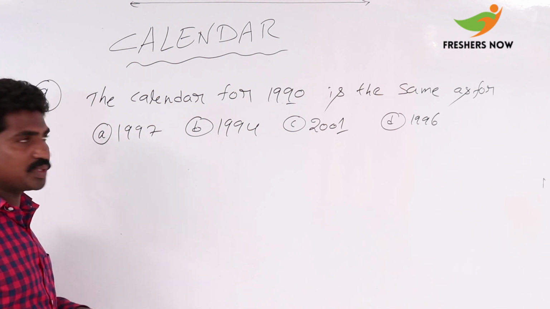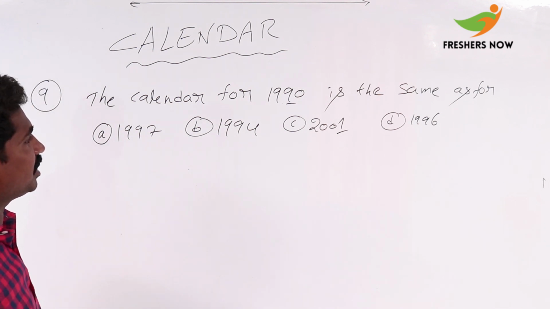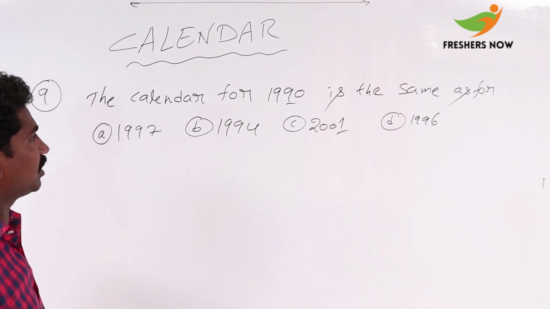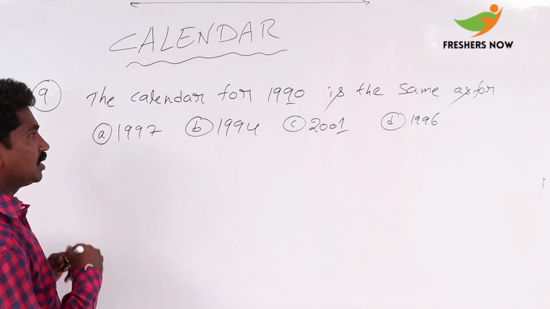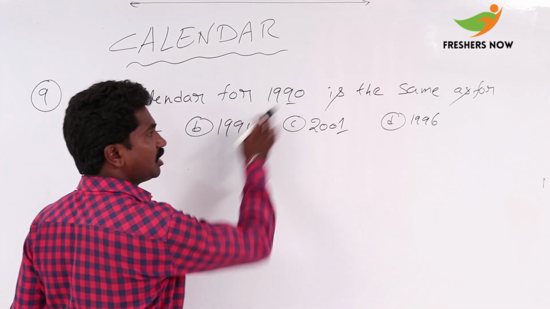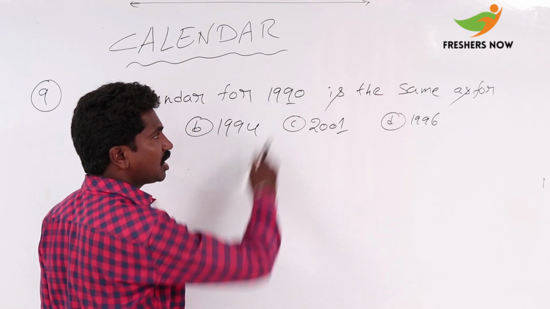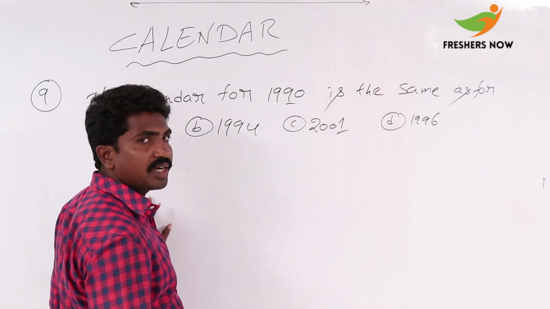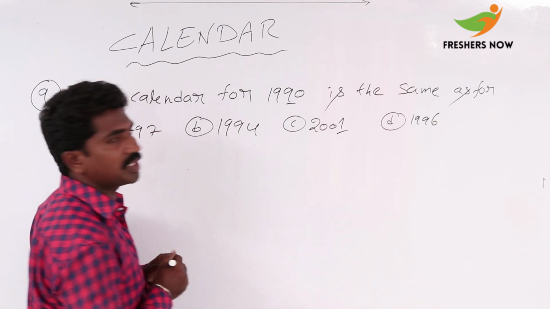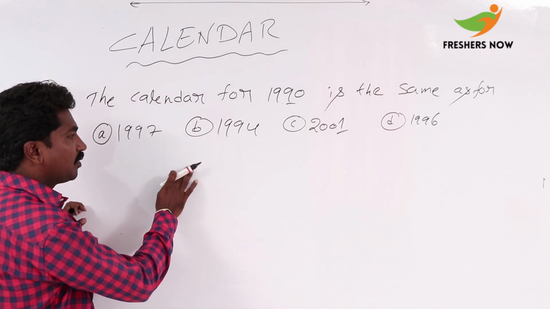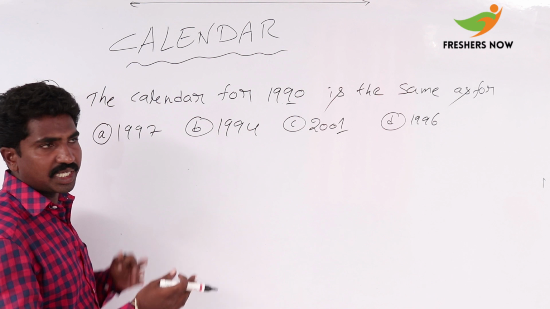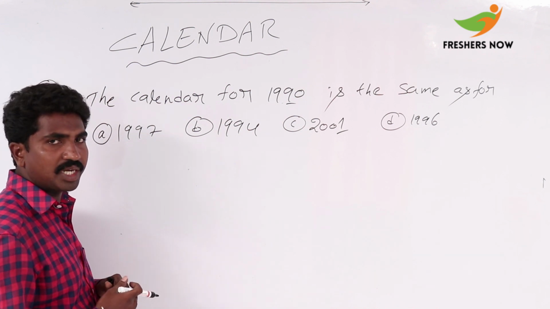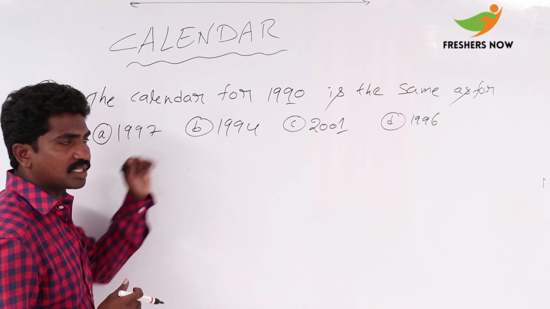Now we discuss the 9th question. The calendar for 1990 is the same as for which year? Is 1990 a leap year or non-leap year? Observe the last two digits 90. 4 doesn't divide 90, so this is a non-leap year. For a non-leap year we can't say it repeats after 20 or 30 years. We can solve it using a certain procedure.